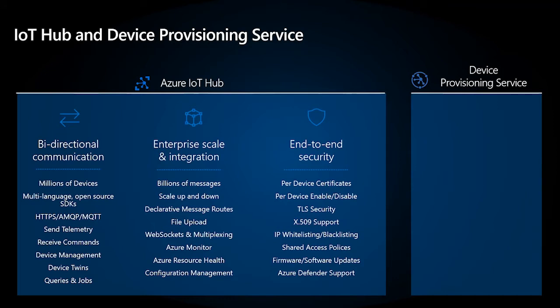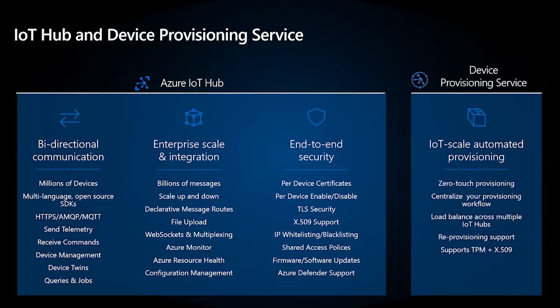We also have support for enabling and disabling devices. You can also do firmware and software updates. And then we have Azure Defender support. So if you're building an end-to-end solution, what's nice about Azure IoT Hub is that you can leverage Azure Defender to be able to look at vulnerabilities across your full solution.